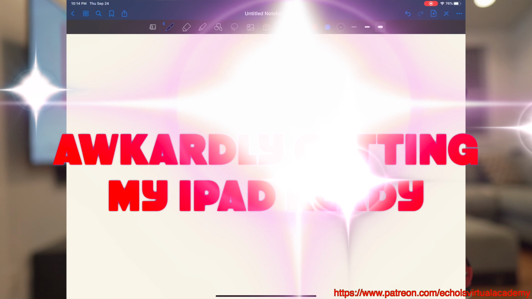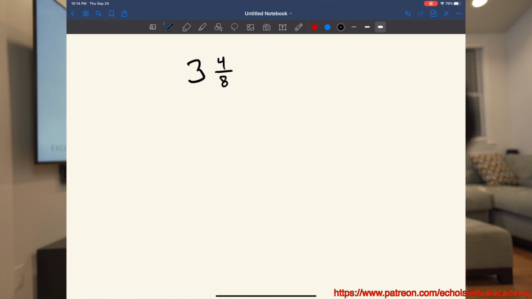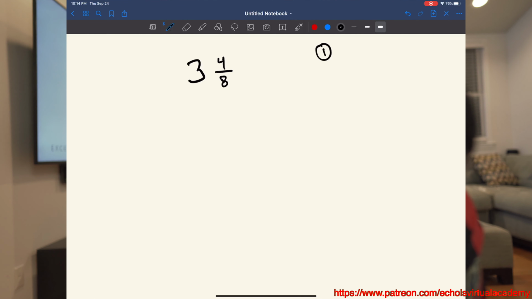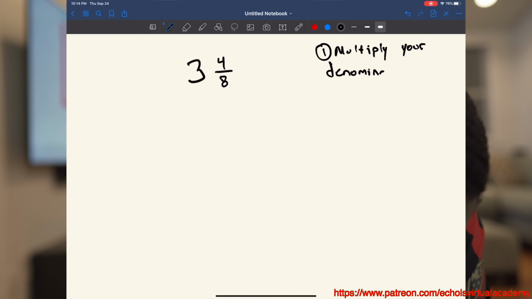So say we have a mixed number that's 3 4/8. Well, the way you convert a mixed number into an improper fraction is that you have to follow a couple rules. Let's write them down first, and you want to make sure to have these memorized. You multiply your denominator by your whole number.